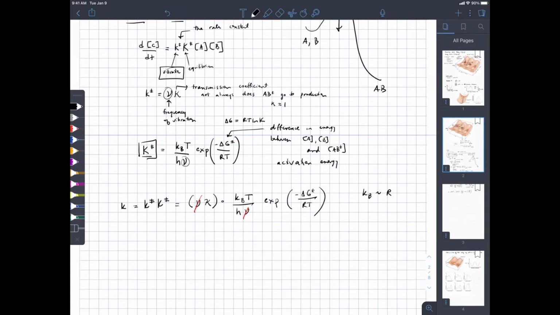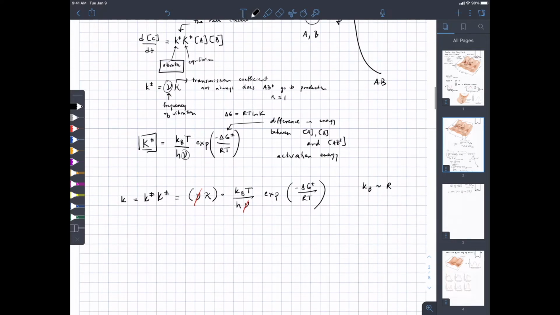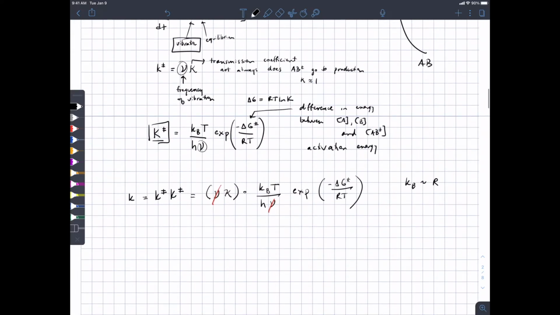Boltzmann's constant, I think, is per particle, and the gas constant R is per mole. So we can rearrange and say the activation energy equals minus RT times the natural log of your rate constant, k, times Planck's constant, divided by kappa times Boltzmann's constant times temperature.